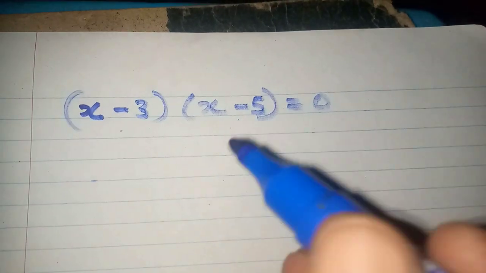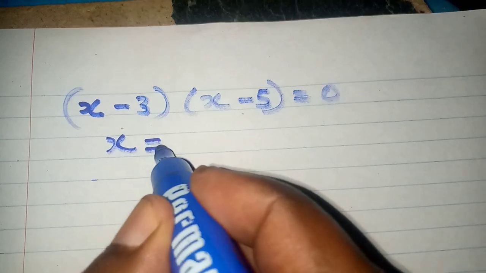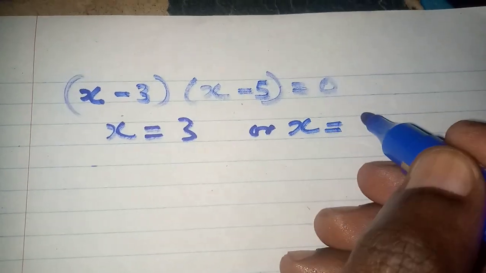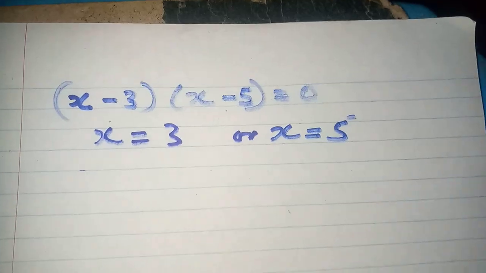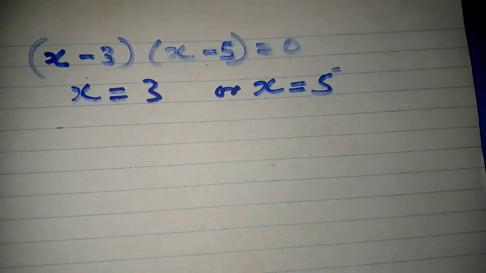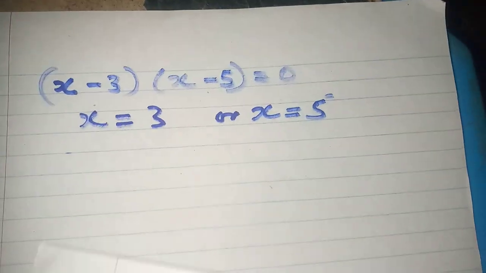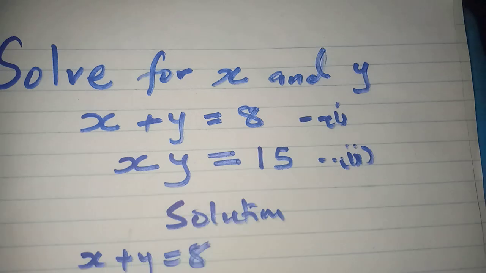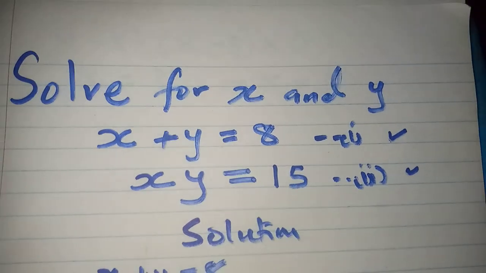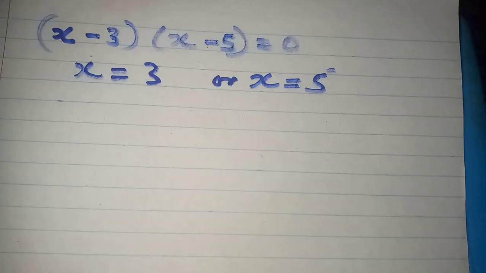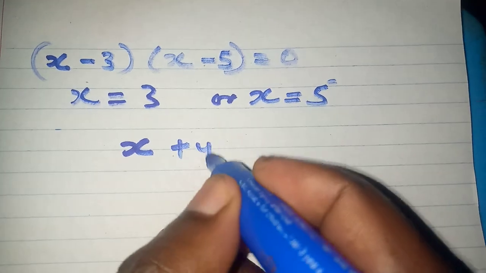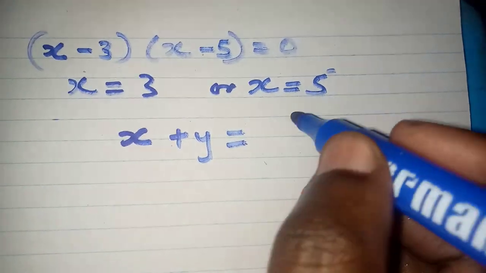So that goes without saying that x is equal to 3 or x is equal to positive 5. So guys, I've managed to get the values of x, and then I want to replace in equation 1 or 2 in order to get the values of y. Equation 1 was x plus y equals 8.